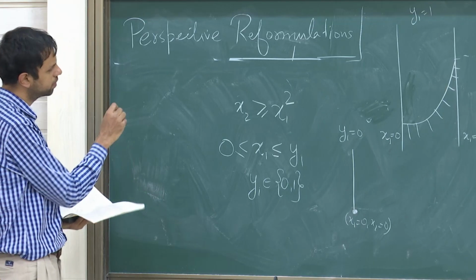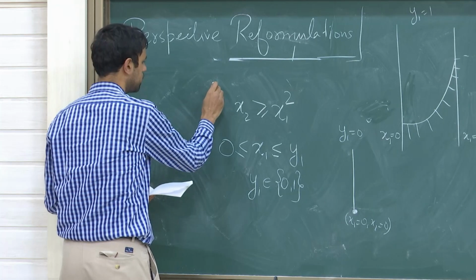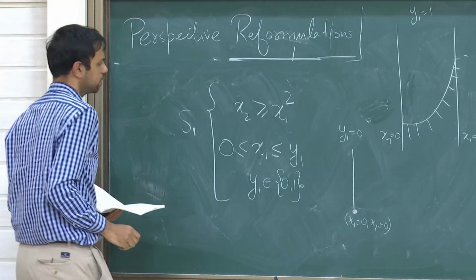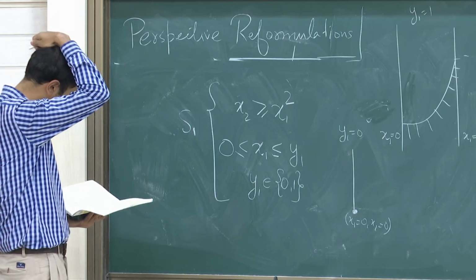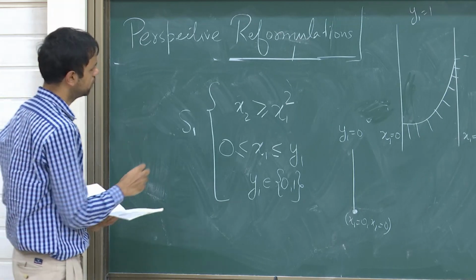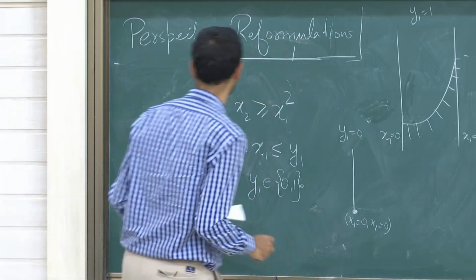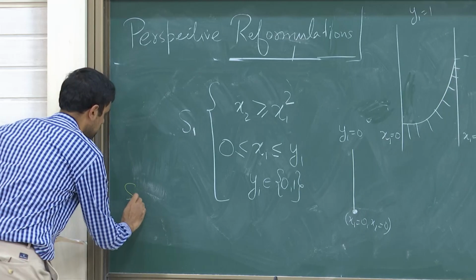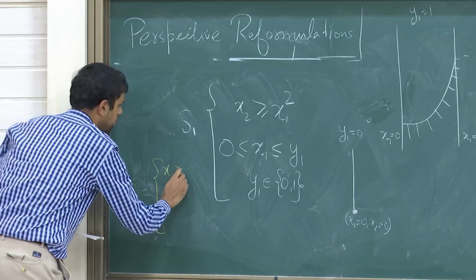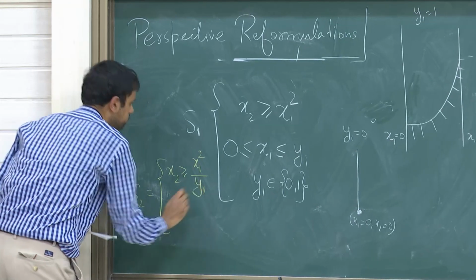If you rewrite this set, let's say this is set S1. If I change this set slightly and change my nonlinear constraint to x2 squared greater than or equal to x1 squared by y1.